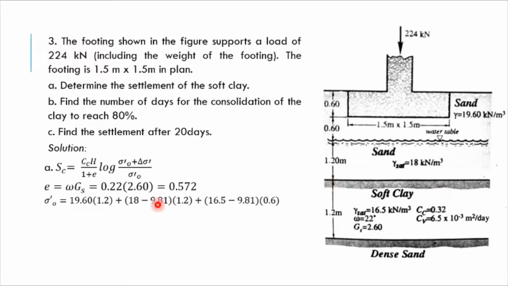So 18 minus 9.81 multiplied by 1.2. And then lastly, the buoyant unit weight of this soil is 16.5 minus 9.81, multiplied by the mid-height of the clay layer, which is 0.6. Therefore, the overburden pressure at the mid-height of the clay layer is 37.36 kPa.